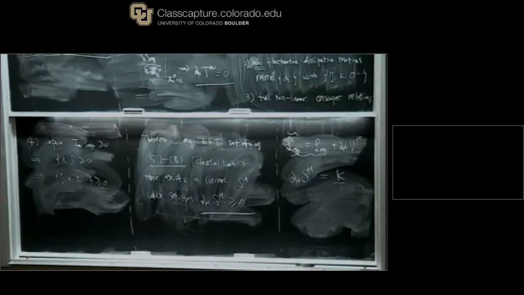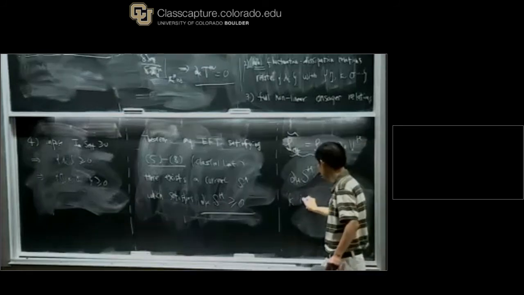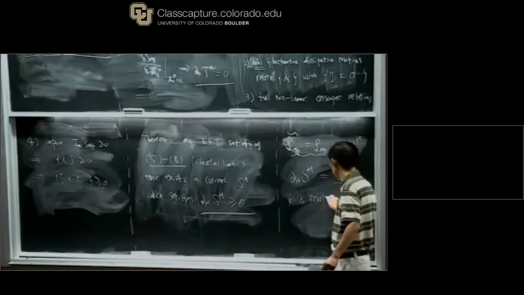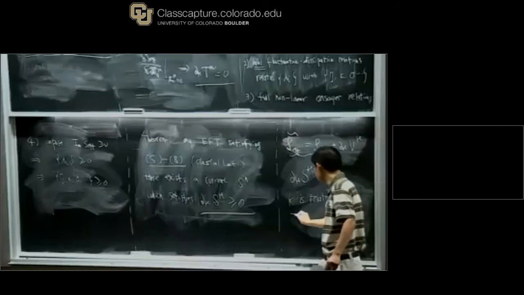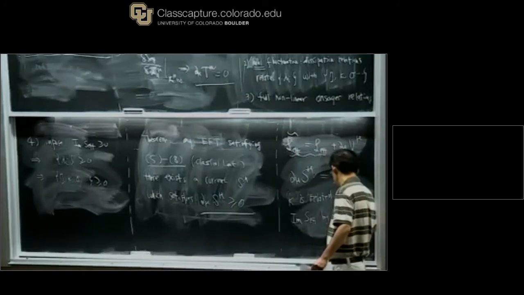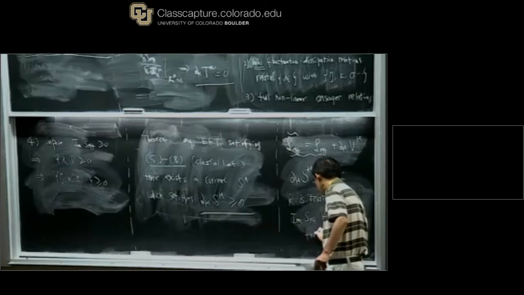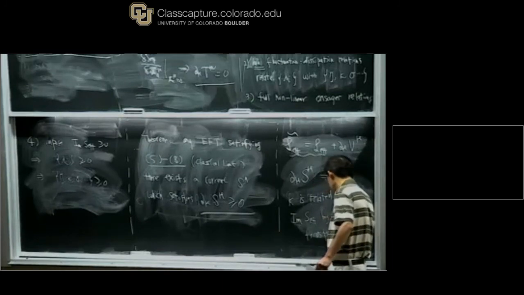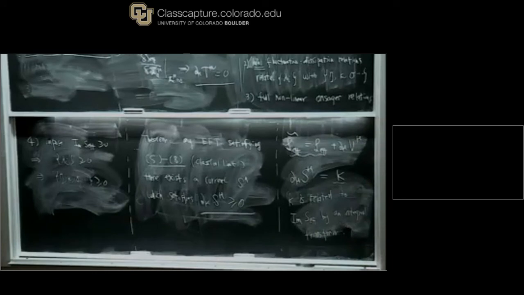Now K can be shown to be related to the imaginary part of S effective by an integral transform, and this integral transform is actually positive definite. Since the imaginary part of S is greater than 0, this theory should be greater than 0.